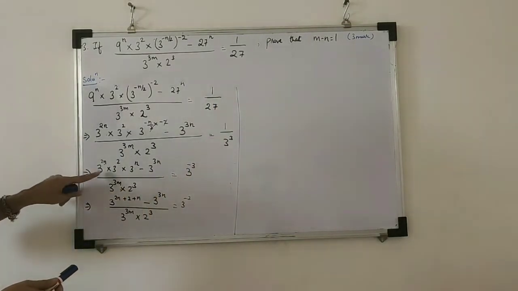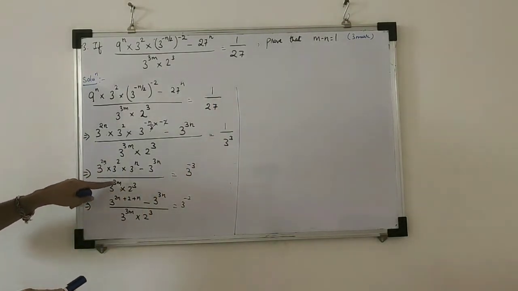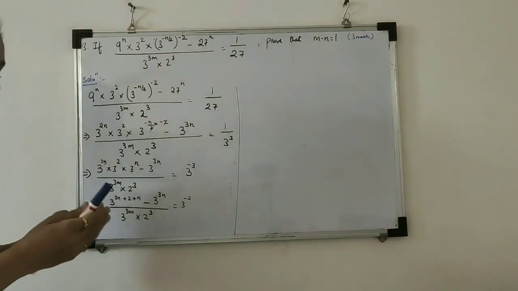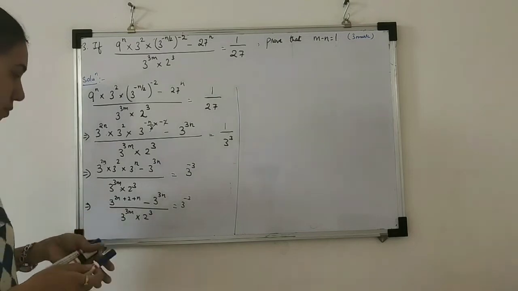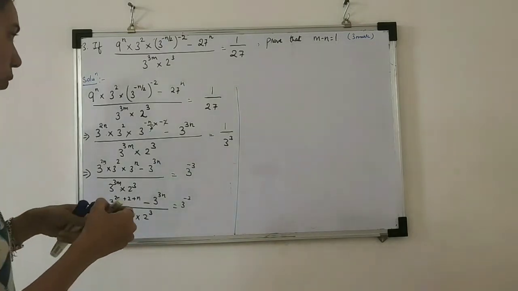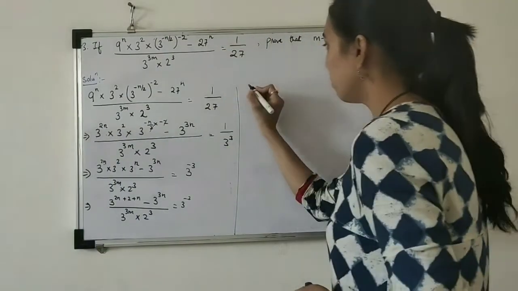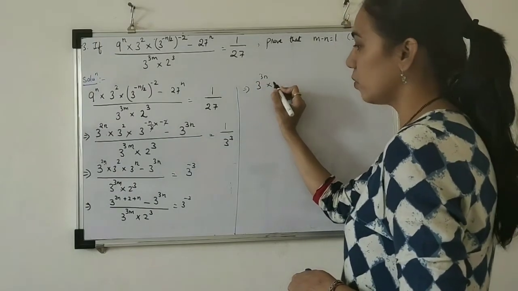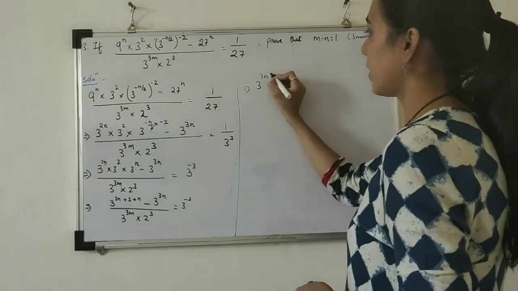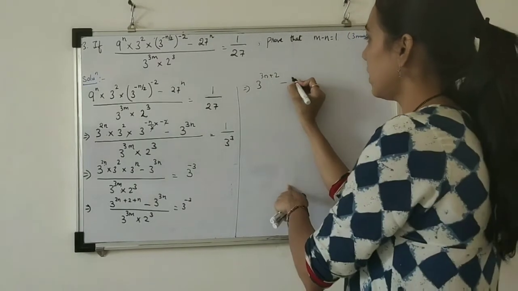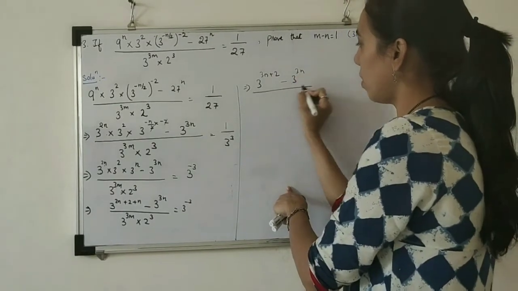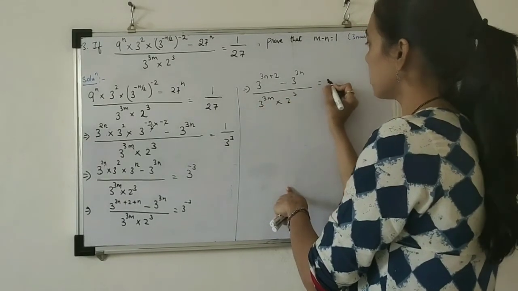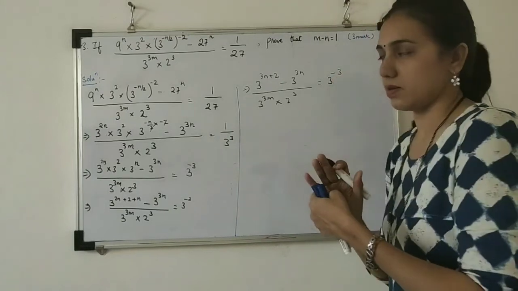So here you have used a to the power m into a to the power n into a to the power p is equal to a to the power m plus n plus p. Addition we have used. So in the next step, we will get 3 to the power 3n plus 2, minus 3 to the power 3n, upon 3 to the power 3m into 2 cube, is equal to 3 to the power minus 3.